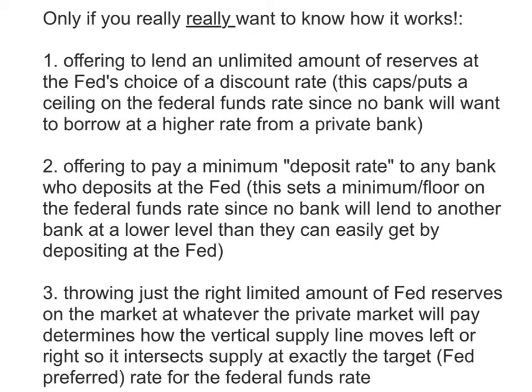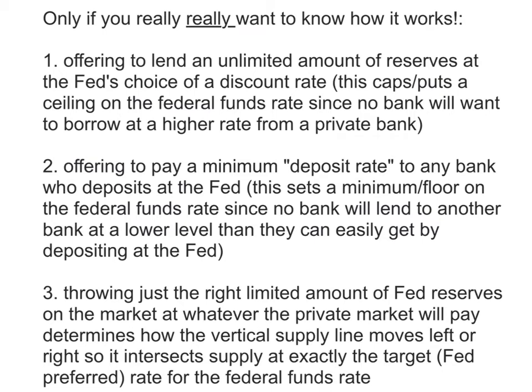Now, at the other end of the spectrum, the Fed can offer to pay a minimum deposit rate to any bank who puts a deposit at the Fed. So what this does is set a minimum floor on the federal funds rate, since no bank acting as a lender will want to lend money to a private bank for a rate that's lower than the deposit rate at the Fed.